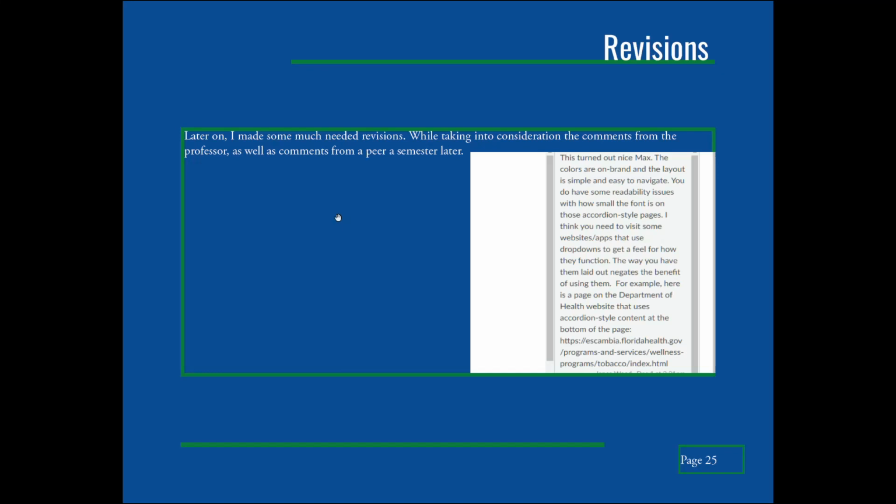So I later did some revisions for that, as well as took into consideration some feedback that I also got from a peer a semester later. The feedback that I received was pretty useful in improving the project as it already was, and making something better as well.